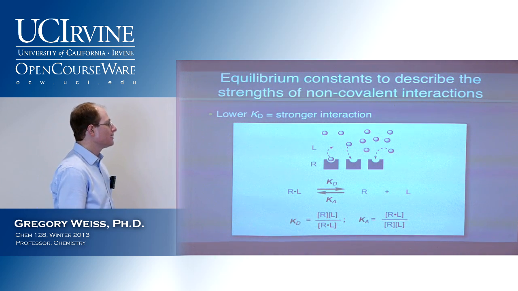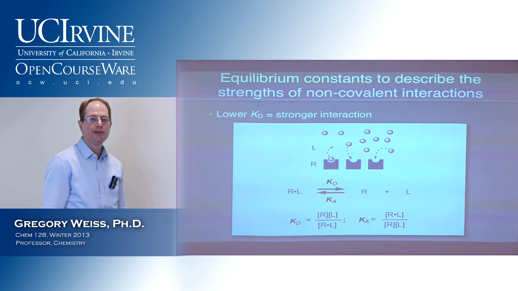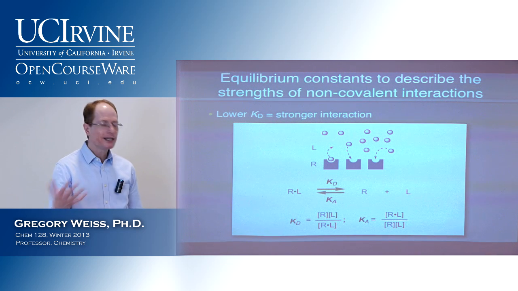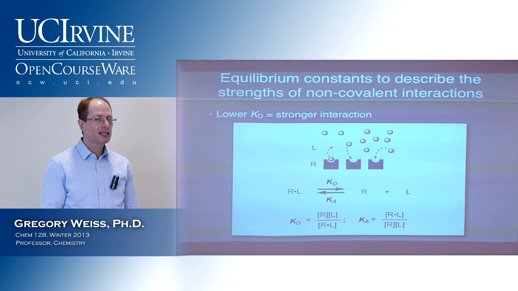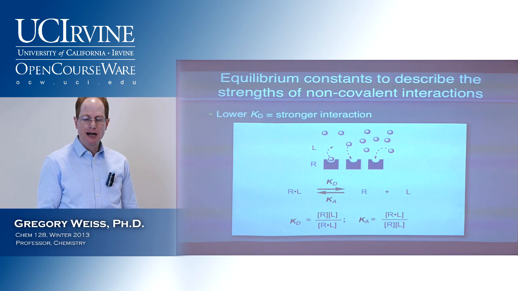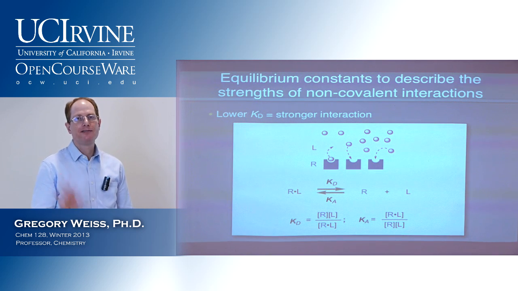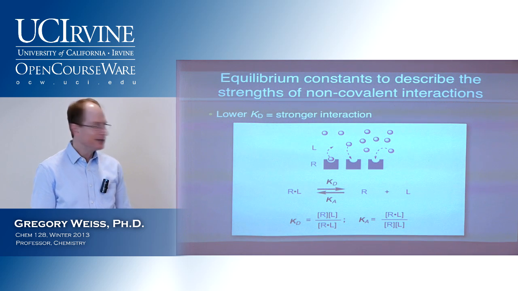Okay, so in order to talk about catalysis, I have to introduce you to some measurements of strength of binding, of catalytic efficiency. And so the first thing I'm going to have to do is define a few equilibrium constants for you.